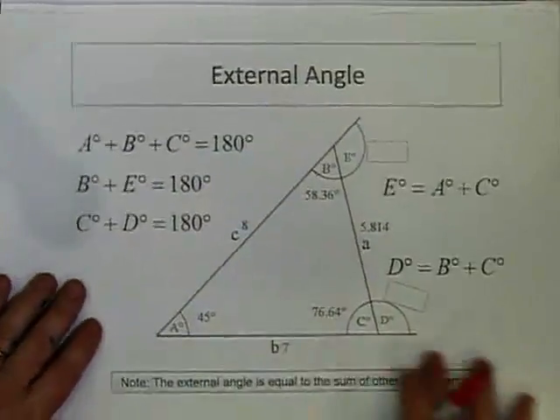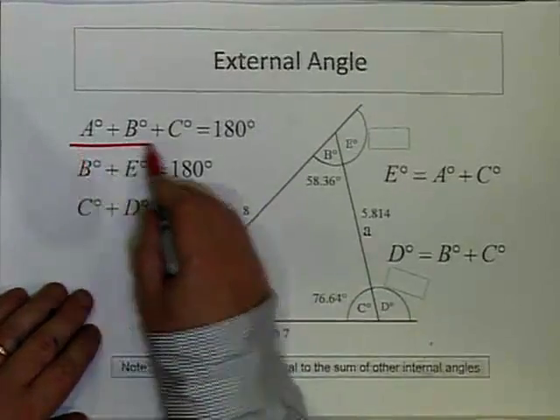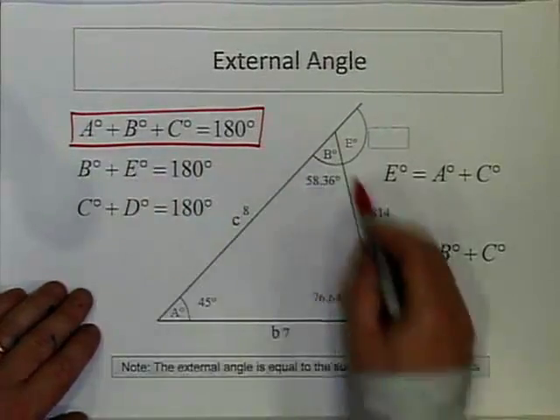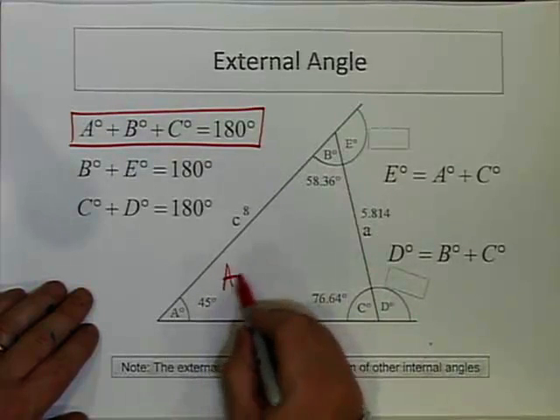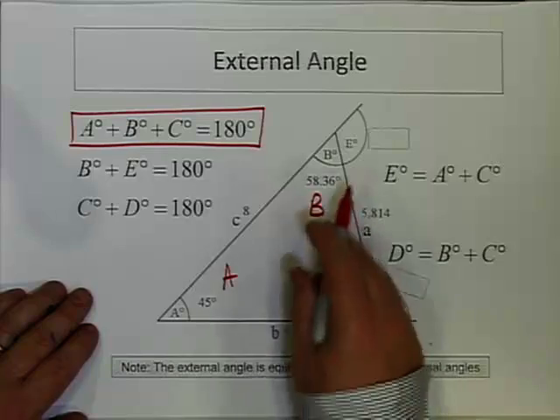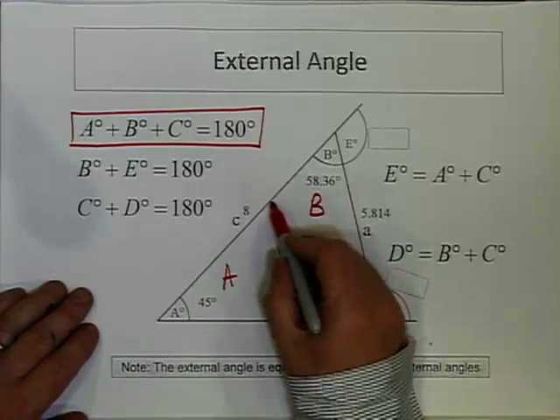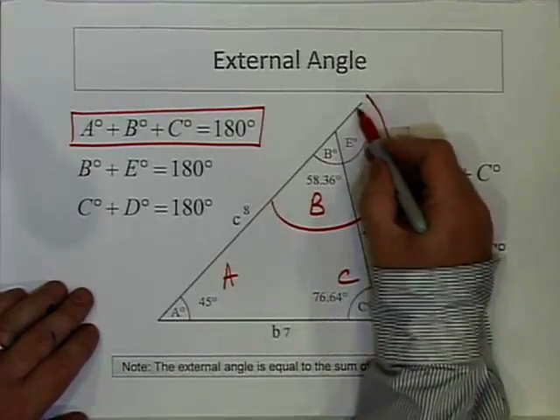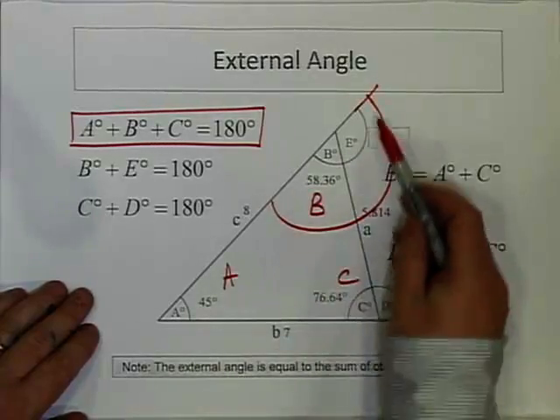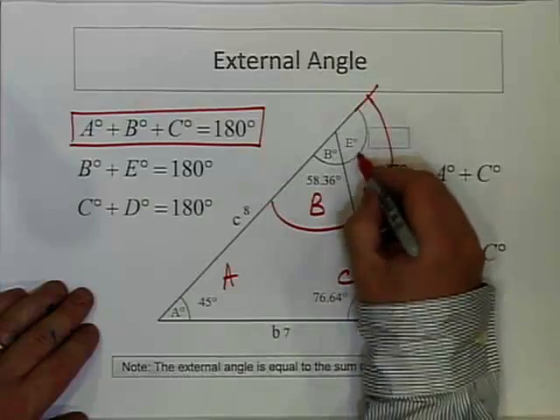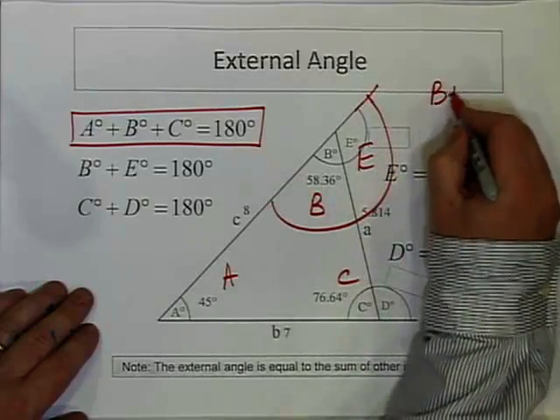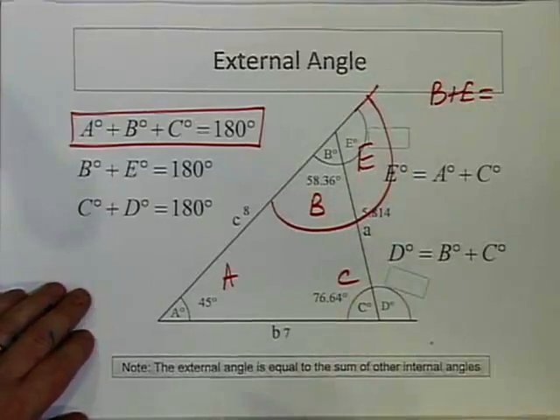Very straightforward theorems: if A plus B plus C is 180 in the triangle, what's this angle here? If that's a full angle on a flat line, that must be B. B plus E must be equal to what? 180.